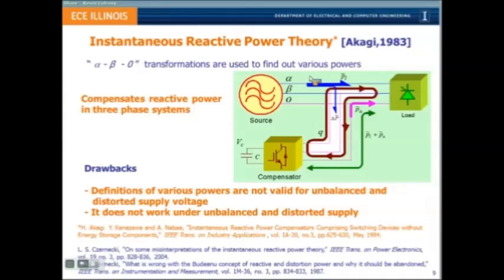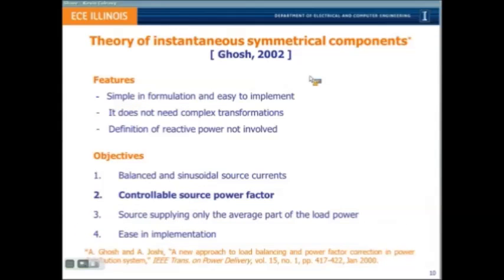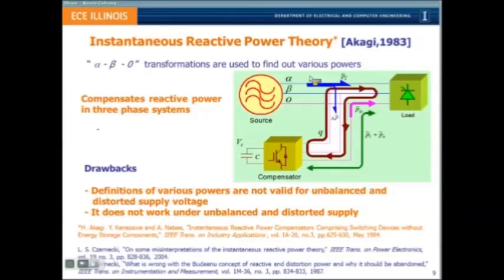So he denounces this theory also, on some misinterpretation of the instantaneous reactive power theory. He doesn't propose a solution, but he discounts what is not correct. These are very interesting papers. It is not abandoned, but the author proposes a strong reason why it should be abandoned.